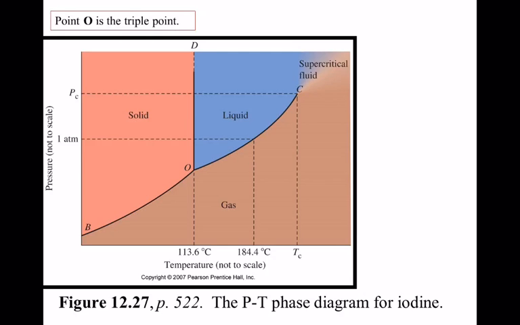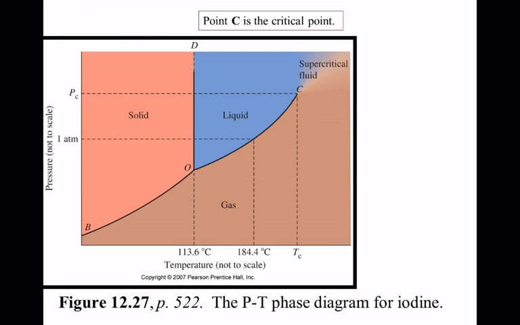Cool. And then we have a point that's kind of hiding, and I'll introduce you to the idea. Up here, point C is where your equilibrium vapor pressure curve between your liquid and your gas ends. As far as I know, and I could have looked this up a little more, this goes to infinity.